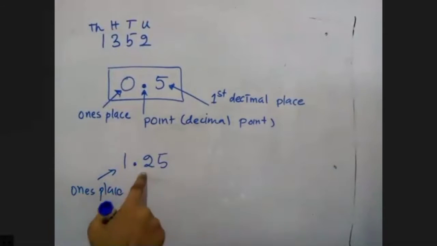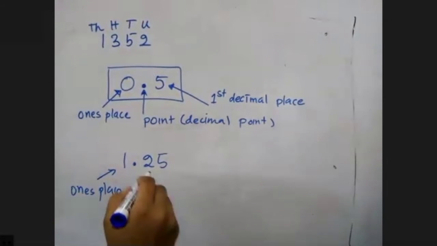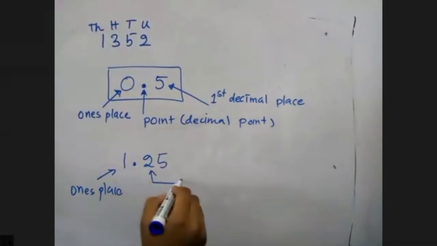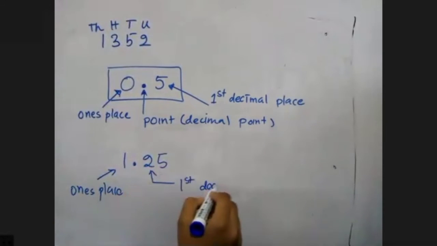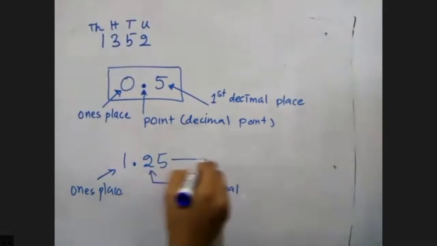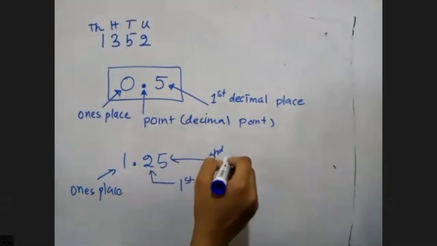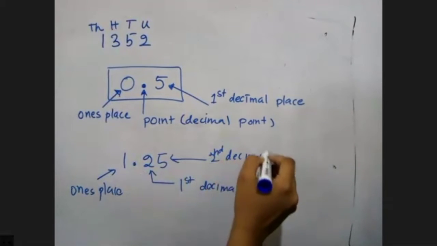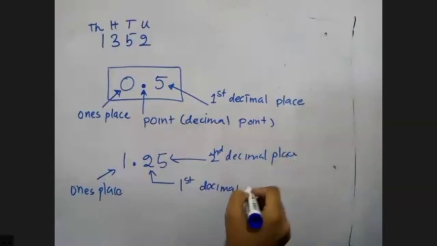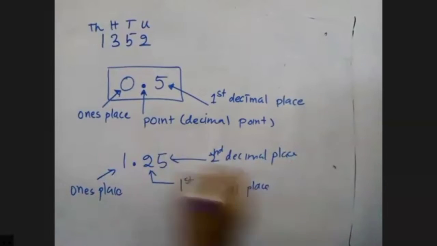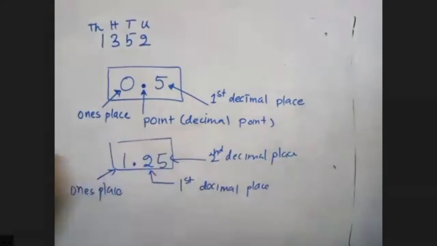And after the decimal point, you have two numbers. The first number is called the first decimal place. And the second number is called the second decimal place. So this is the way that the place value comes for decimal numbers. Right? Is that clear? Yes.